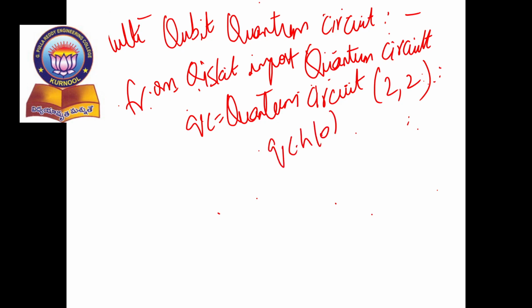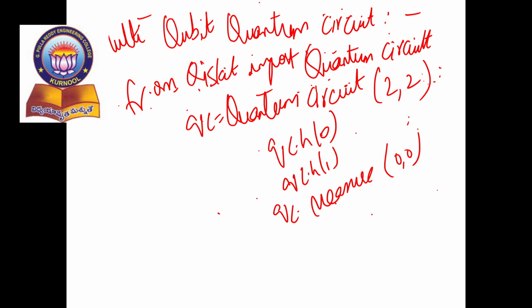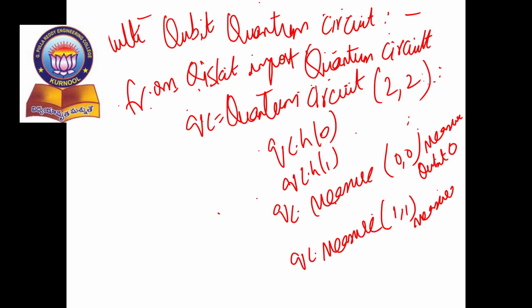Next we can add the different gates: QC dot H of 1, and we are measuring, so we use the measure function. QC dot measure of 0, 0 measures qubit 0, QC dot measure of 1, 1 measures qubit 1. And the last one is QC dot draw of output is equal to MPL.